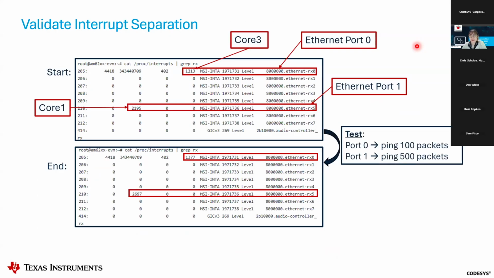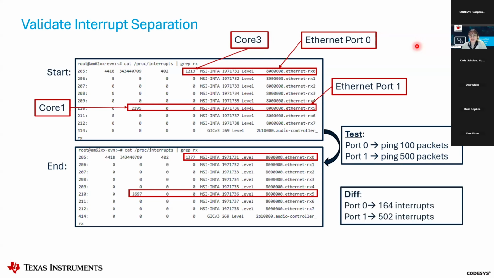Afterwards, I performed a test by pinging 100 packets through port 0 and exactly 500 packets through port 1. I expected to see port 0 and port 1 increase by about the same amount of interrupts. What I saw was actually about 164 interrupts increased on the channel mapped to port 0, and about 502 interrupts on port 1.